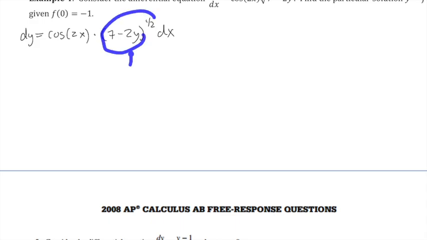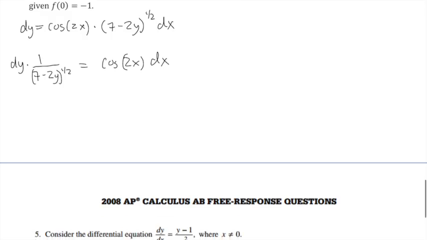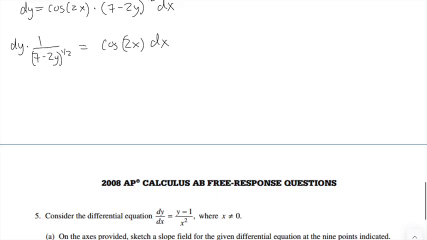Next step is to divide by the square root of 7 minus 2y on each side. Okay, now we do have our variables isolated on the left and right. We do need to integrate, and I'm going to rewrite this as a negative 1/2 exponent.